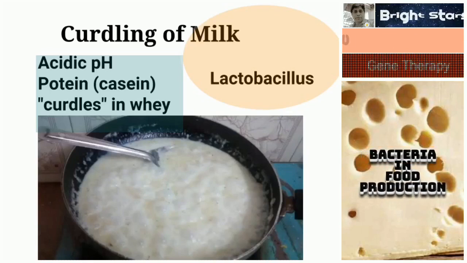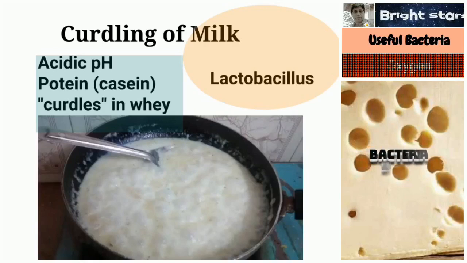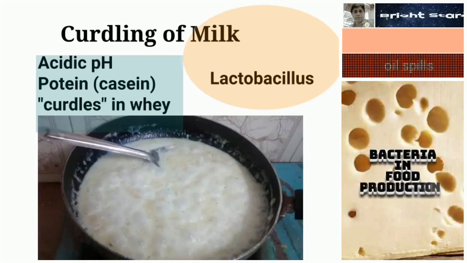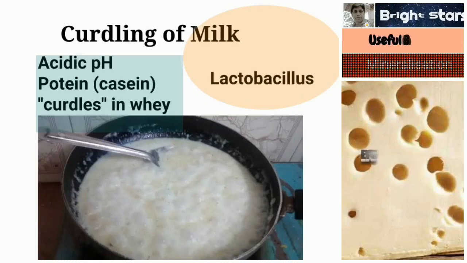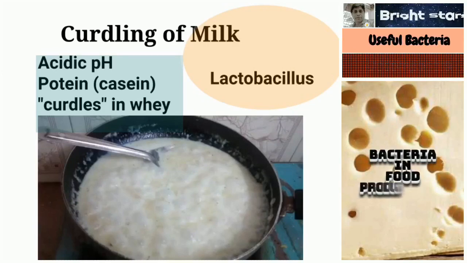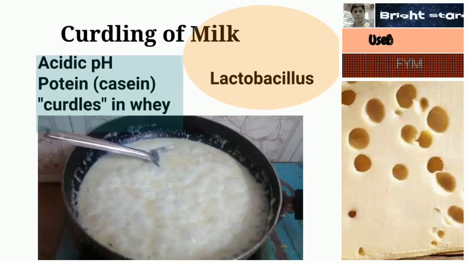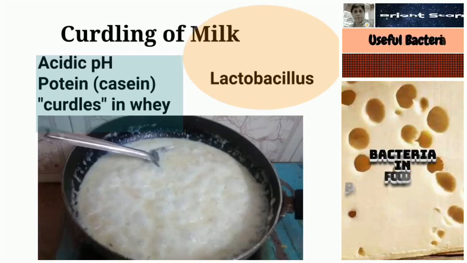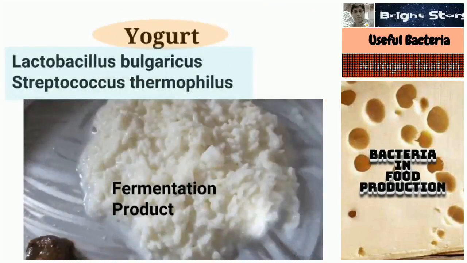Actually, in milk a protein is present called casein, a calcium-containing protein, that curdles and forms lumps, so that liquid will be there, which we call whey. So curd is produced because of bacterium.